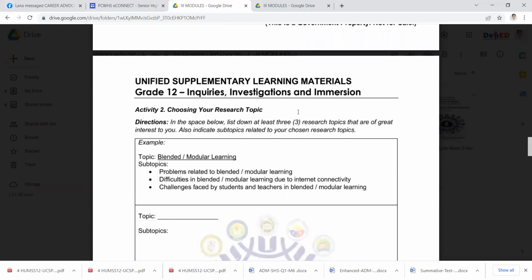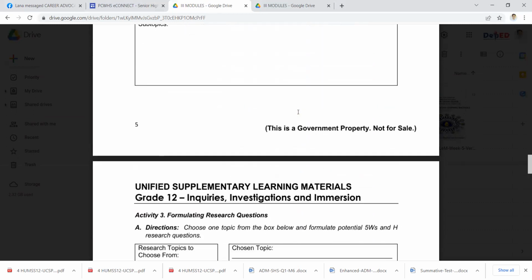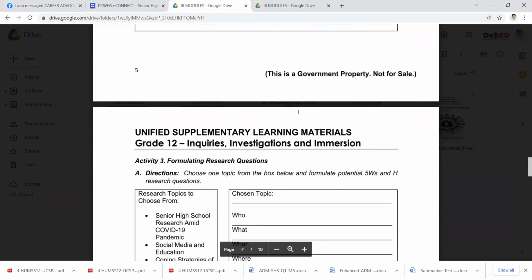Okay. Moving on, week 1, day 2 is all about formulating a research question. Now that you have planned, you will now try to formulate the research question or the research topic under Unified Supplementary Learning Materials for grade 12.